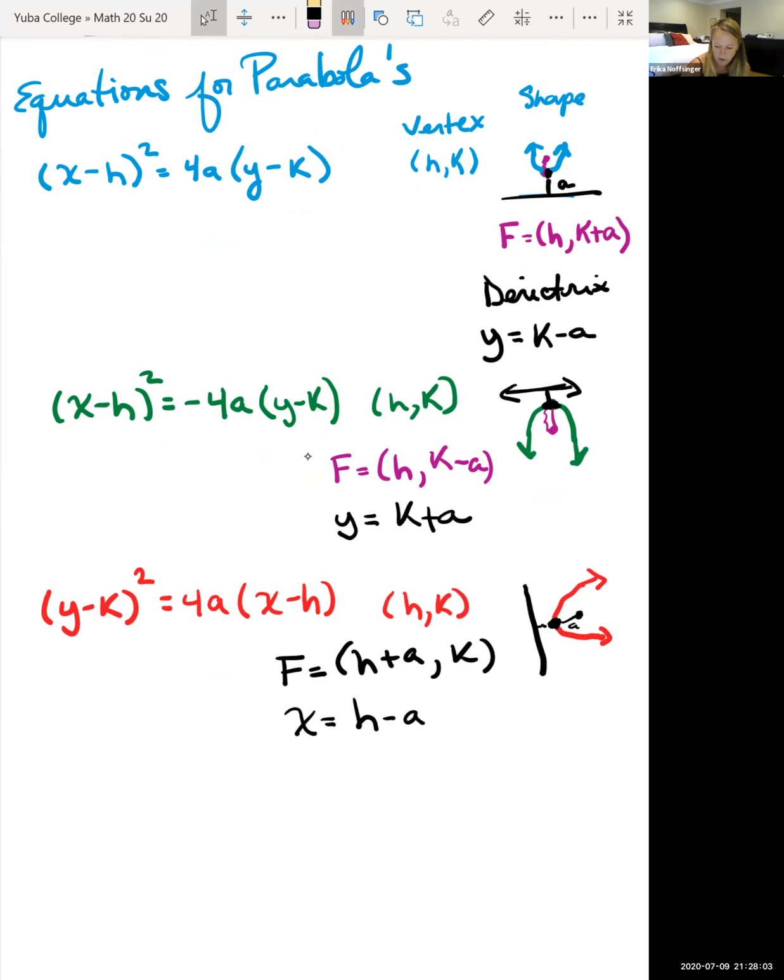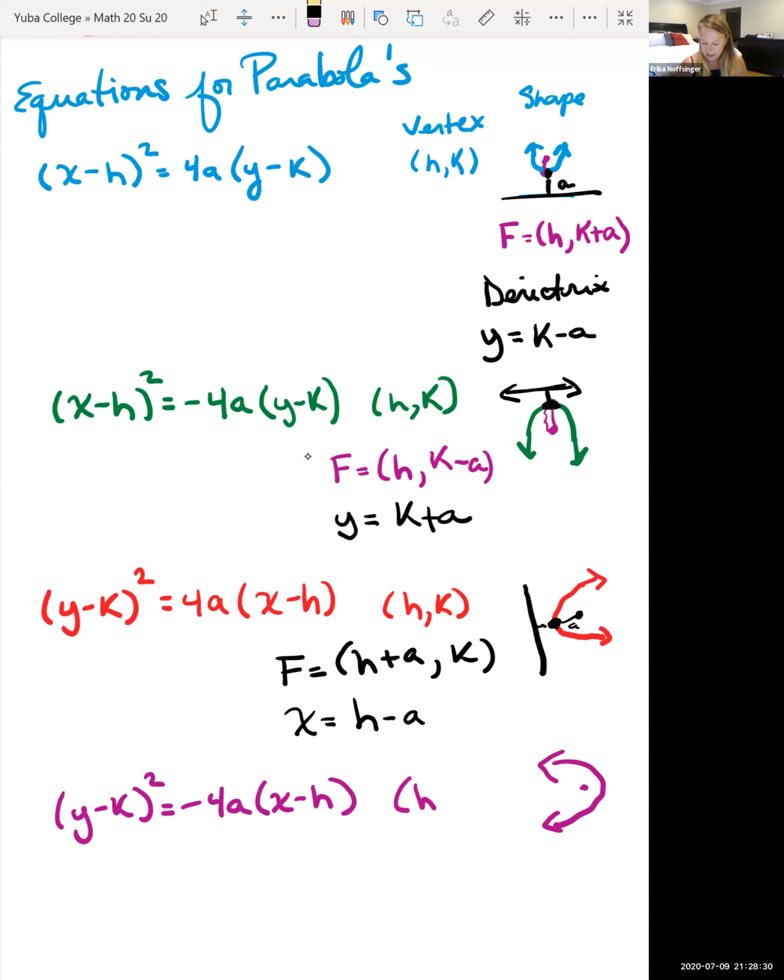And one more formula, and it's the other direction. So if we were going to face this way, instead, it's almost identical as above. Instead, you have a negative 4a in front. So it's y minus k quantity squared is equal to negative 4a times x minus h.